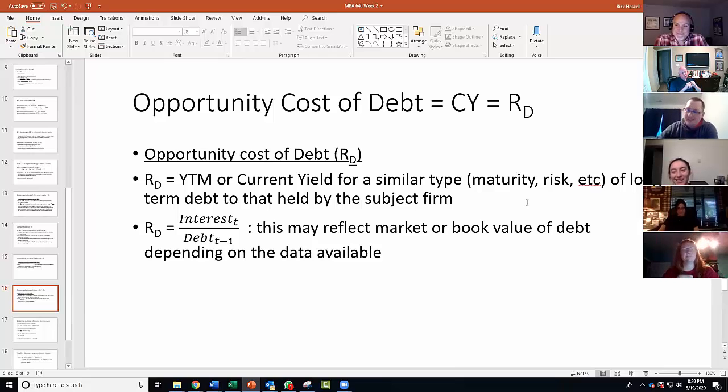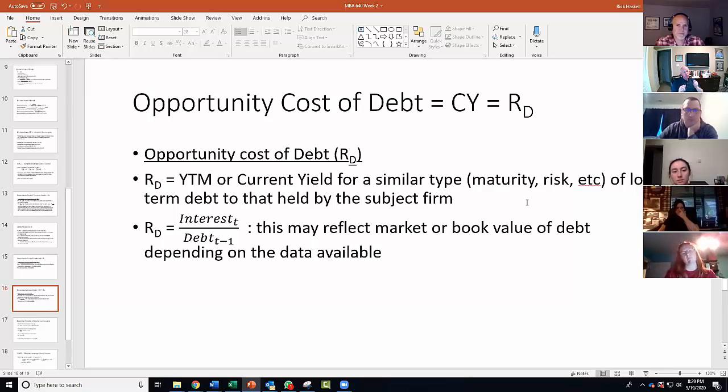Final cost is RD. You're going to see in the material that I have for you, current yield on an annualized basis is equal to RD. So if I tell Diana that a certain type of debt would cost 7% in today's market, regardless of what it cost when it was originally issued, but it would cost 7% in today's market, that's current yield or RD.